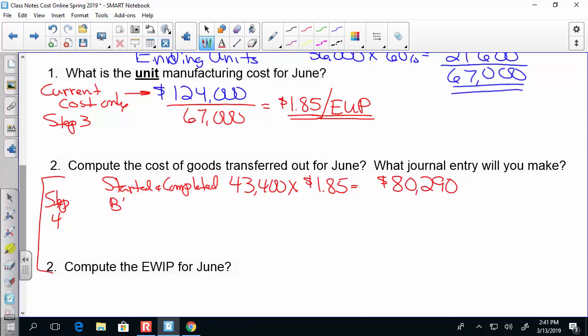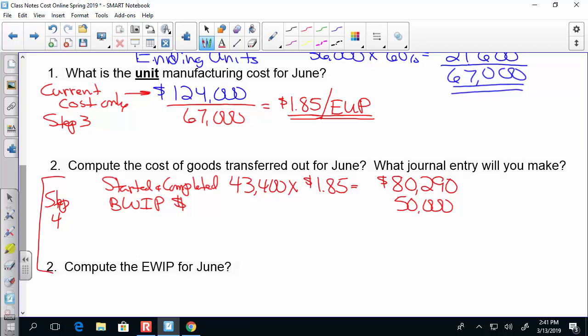We had beginning WIP dollars of, in the book, 50,000. Because remember, FIFO means first in, first out. So if you think of a production cycle, those beginning units, those 10,000 units were finished first before we started and completed the 43.4.